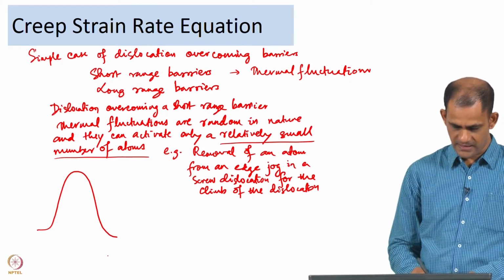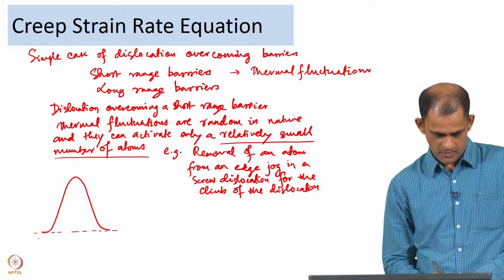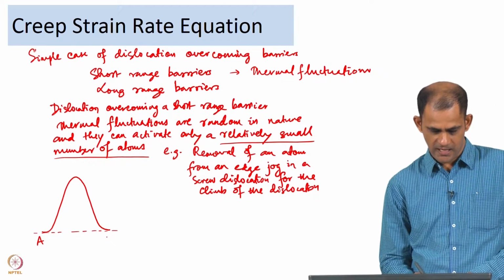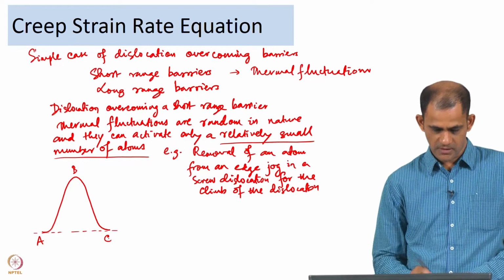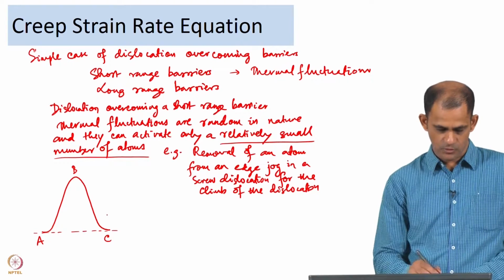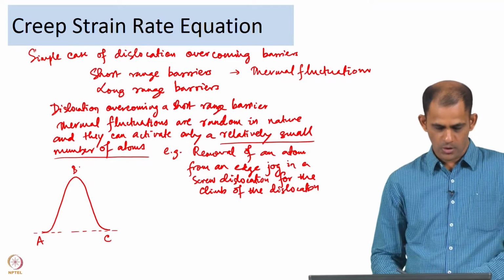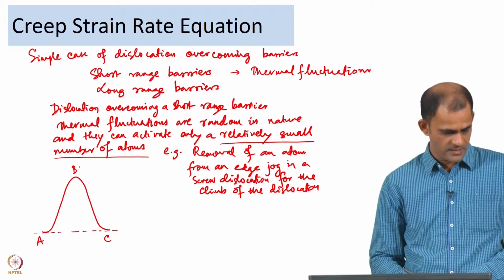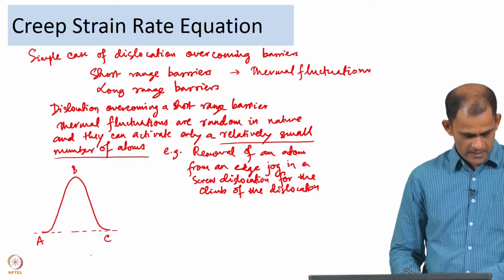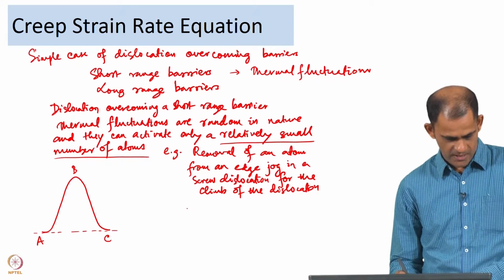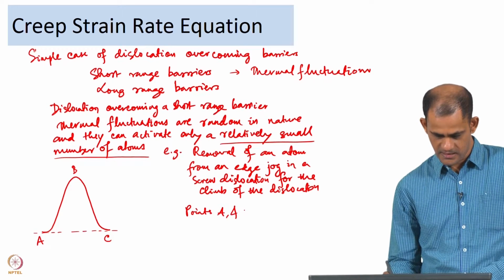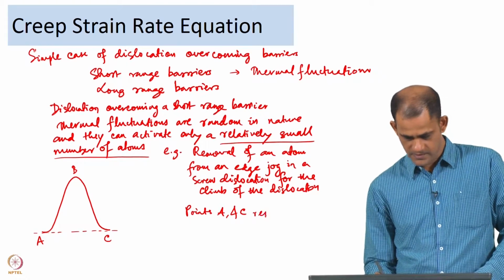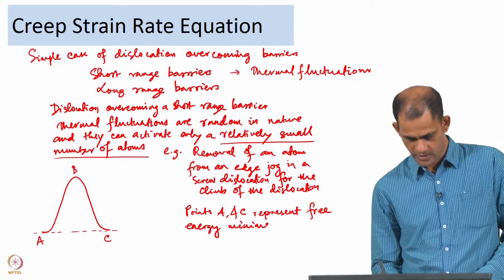Say this is a barrier, you have position A and position C. To go from position A to C you have to overcome a barrier, and the top of the barrier is position B. Points A and C represent free energy minima.